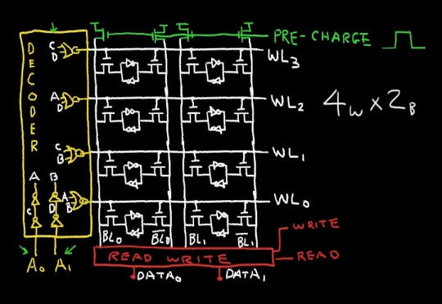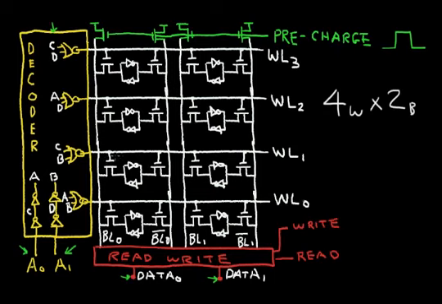During a write operation, I'll place the information to write into the memory at data 0 and data 1, and the write signals will force the bit lines to the appropriate voltage so I can select my word line and write the information into the cell. Now during a read operation, prior to the read, I'll do a pre-charge.